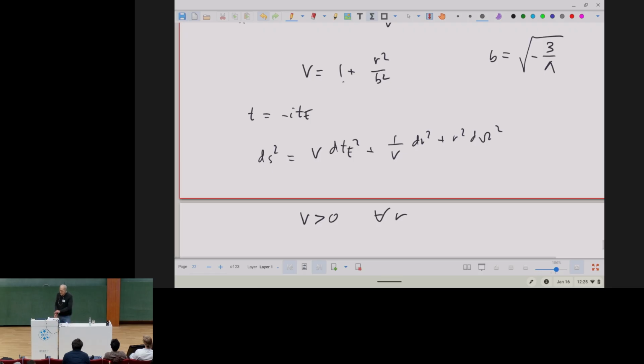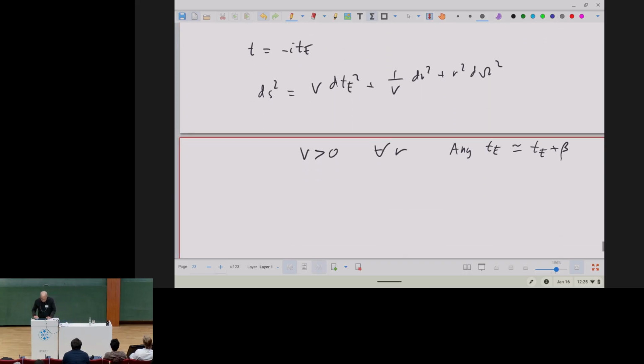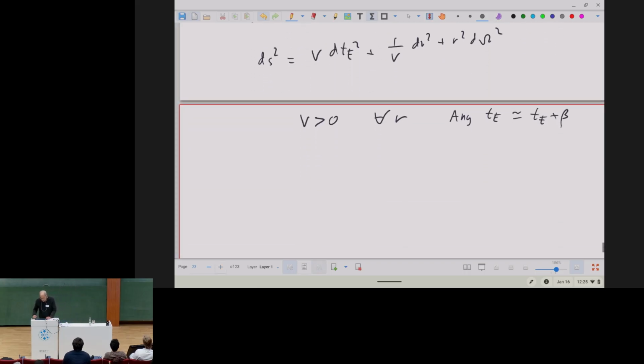And since V is everywhere positive, this metric is smooth with any period of t_E. We can assume any period beta for t_E. And that will be a smooth metric in Euclidean signature.